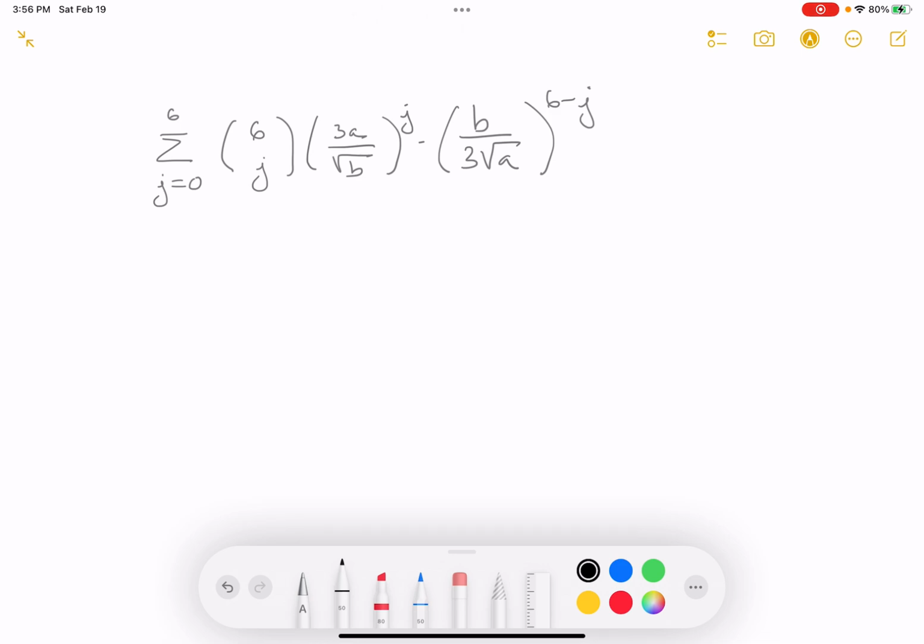And I want to point out what this is doing. We're starting at 0, then we go to 1, then 2, then 3, all the way up to 6. All right, so I'm going to write this down sort of organized.